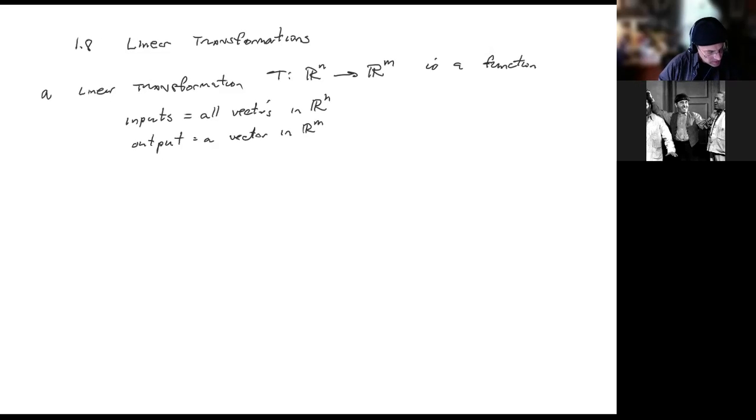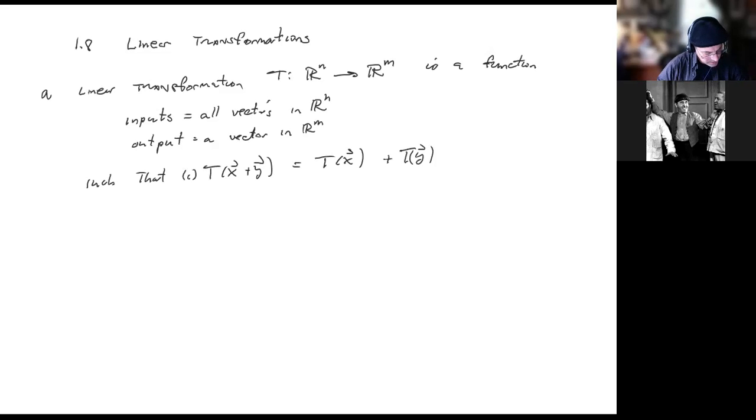That's what it means to be a function. And then the conditions of being linear are the following two conditions. T of x plus y equals T of x plus T of y. That's the first condition.